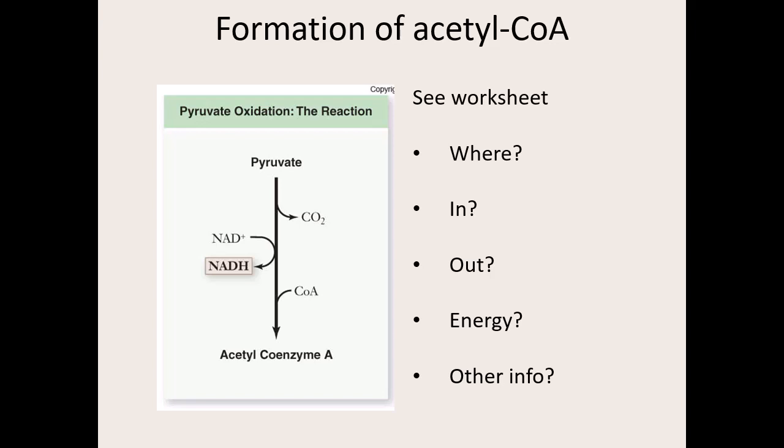What else do we get out based on the picture? We get CO2. I need another color. Go green. Now, this pyruvic acid, again, we go from a 3-carbon molecule to a 2-carbon molecule.